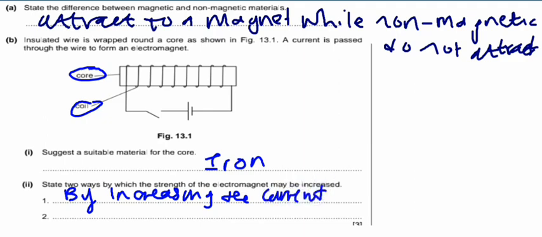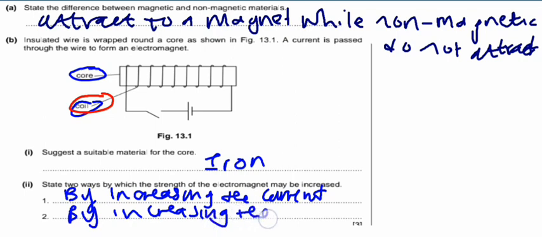Number 2 is by increasing the number of turns. When you talk of turns, we just mean the number of coils, these wires that they have wrapped. So by increasing the number of turns.